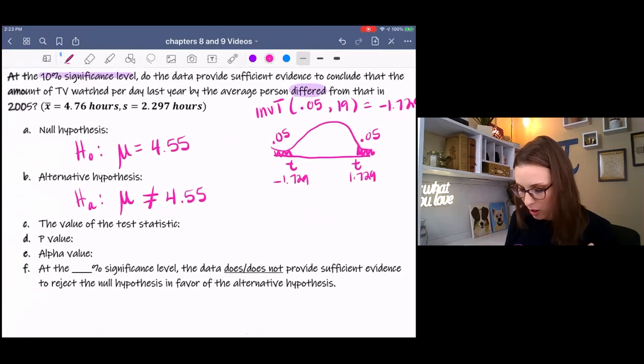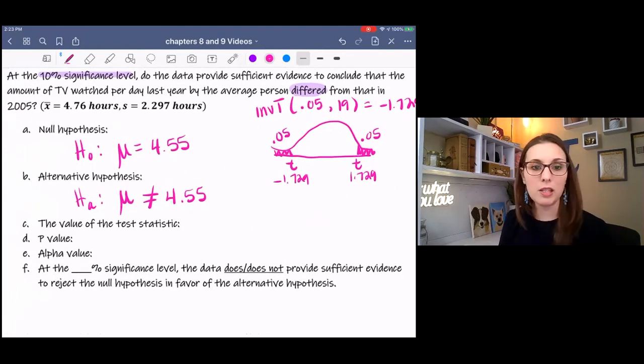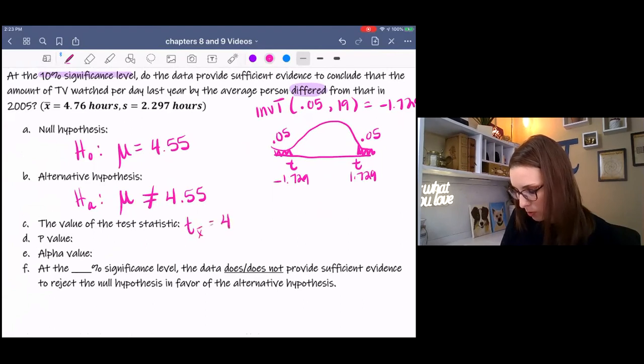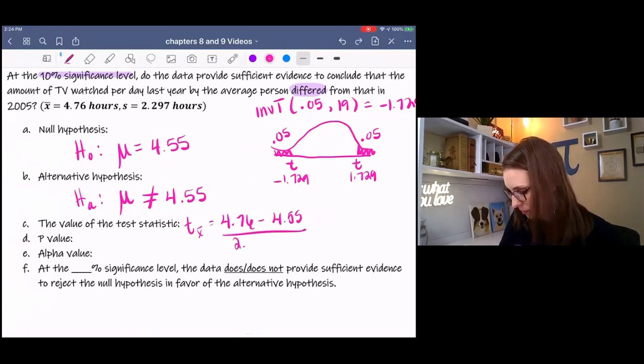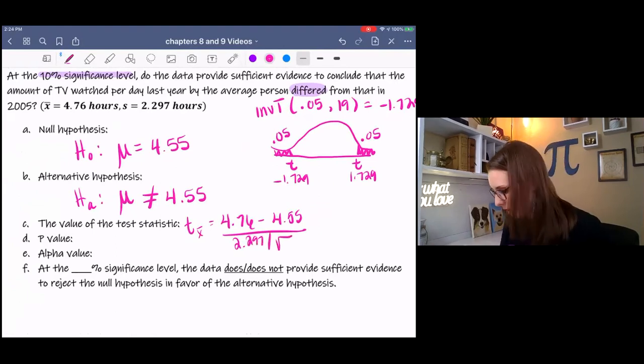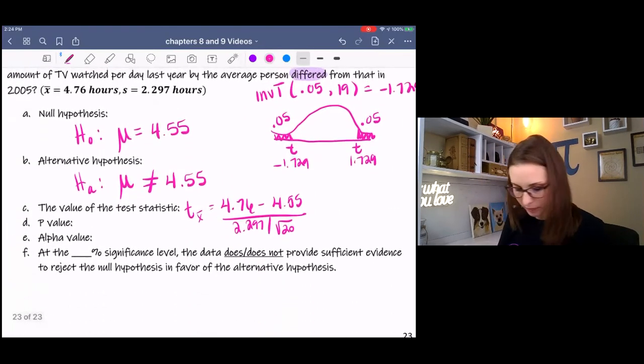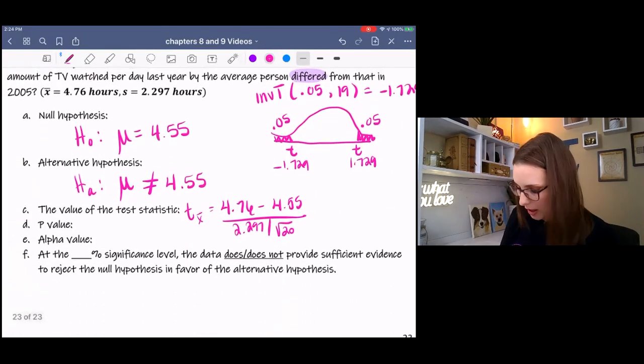And then the value of our test statistic is based on the sample mean. So that's 4.76 minus 4.55 over the standard deviation divided by the square root of n, which was 20, I believe. Yep. And you should get about 0.41.